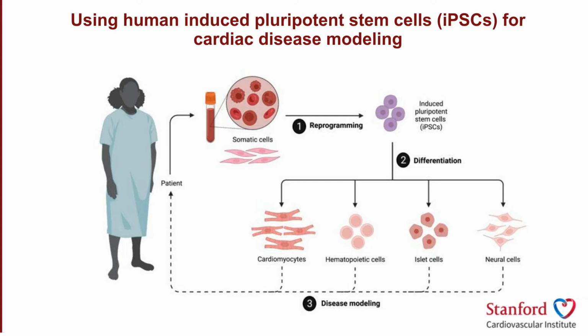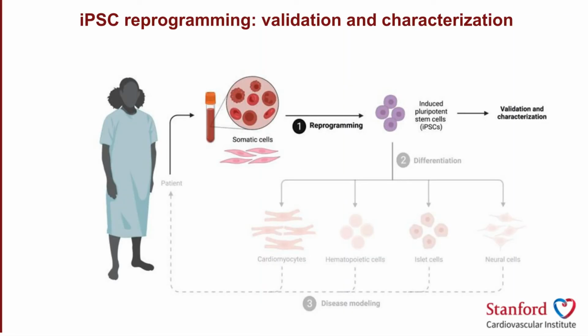Then we differentiate into our cell type of interest, and then we use combinatorial strategies to determine disease mechanisms, then try to interrogate and rescue them. Our end goal is to find viable treatment strategies that are translational to clinical applications. So first, let's dive in detail into what reprogramming actually is and how we generate, validate, and characterize iPSC lines.